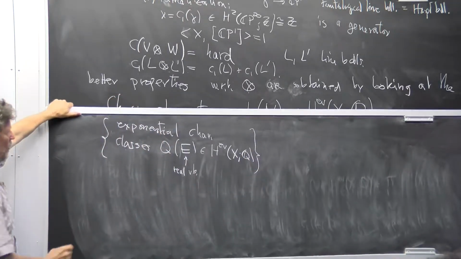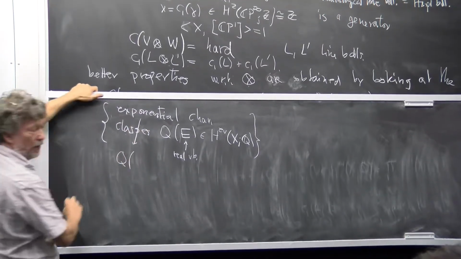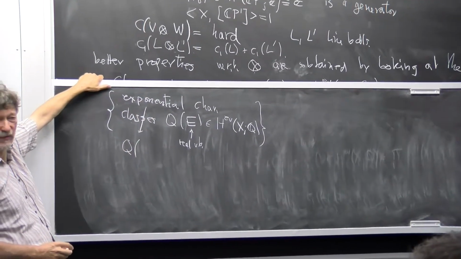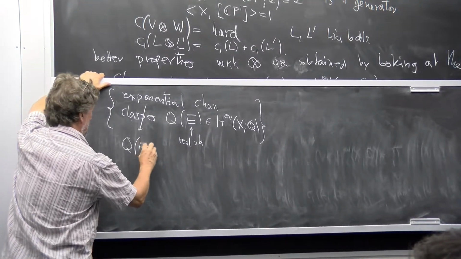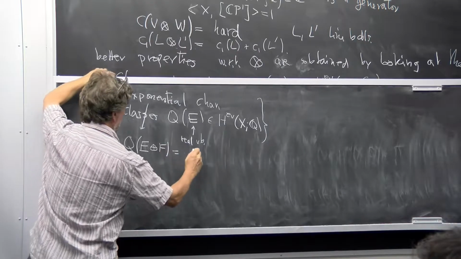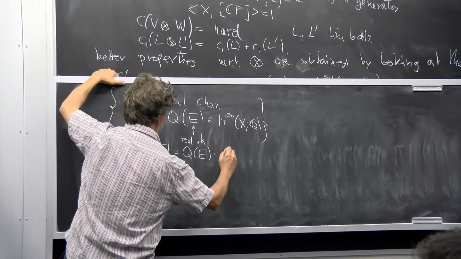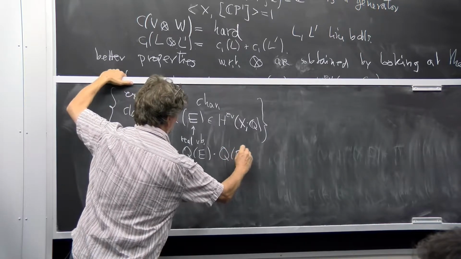And the exponential property means that, as you saw in the Chern classes or Pontryagin classes, if you apply that to a sum of real vector bundles, that should give you the product of these things.